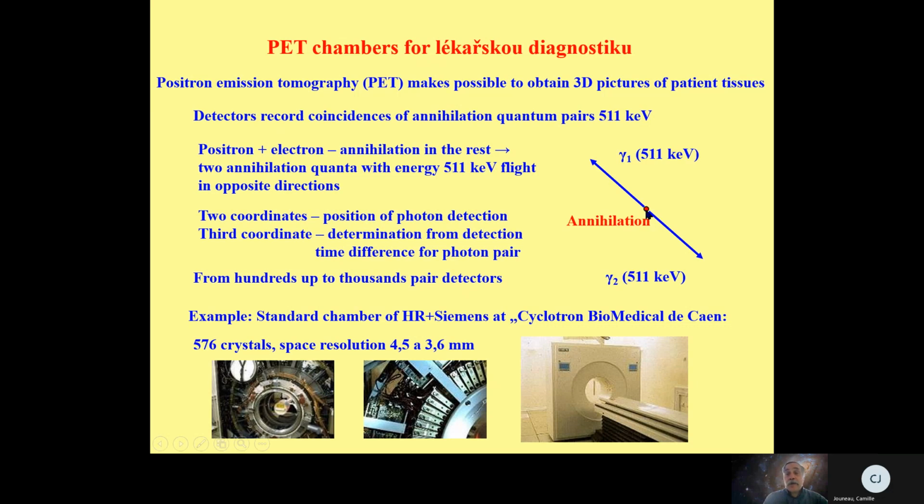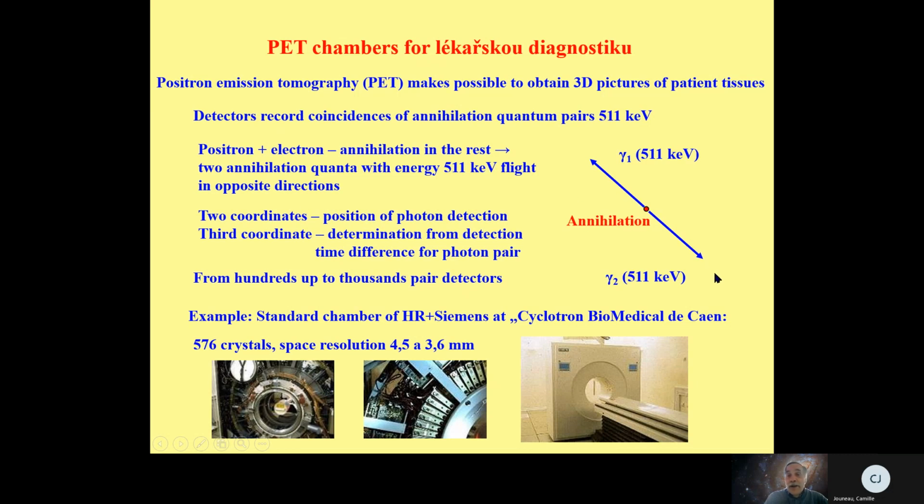After annihilation at rest, you have two gammas which run in opposite directions. It is pure kinematics. If you have momentum 0 before annihilation, it is necessary to have momentum 0 after annihilation. That means if you have one gamma and a second gamma, they need to run in opposite directions with the same momentum.